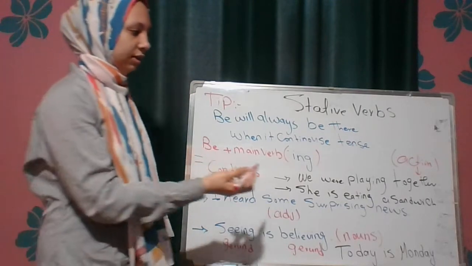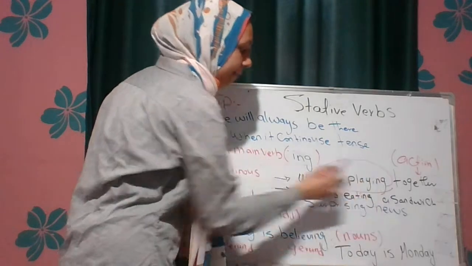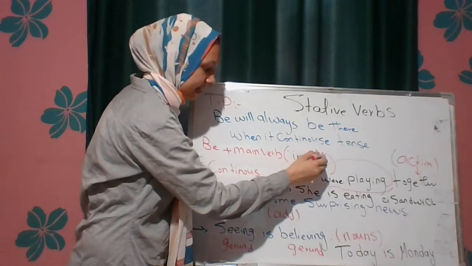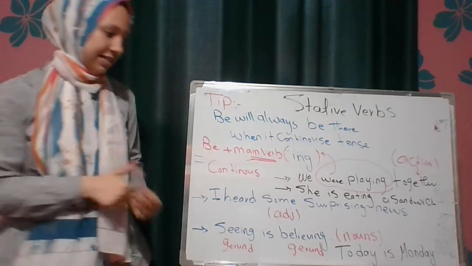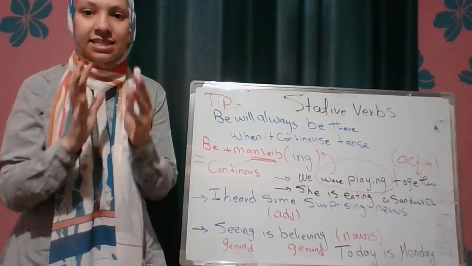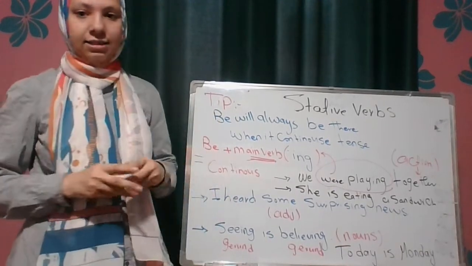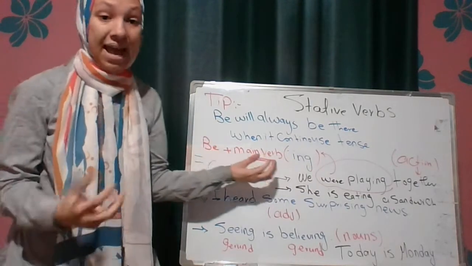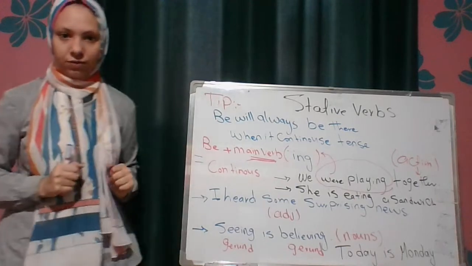For example, we're playing. If you see be plus the main verb plus ing, this will be equal to the continuous tense.